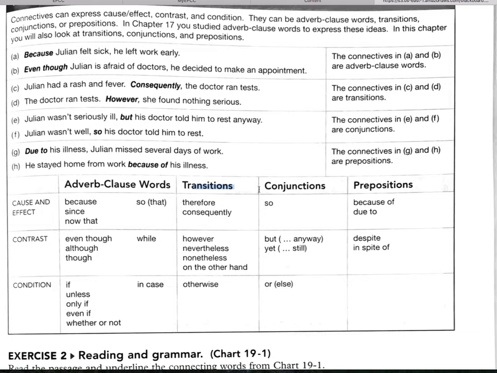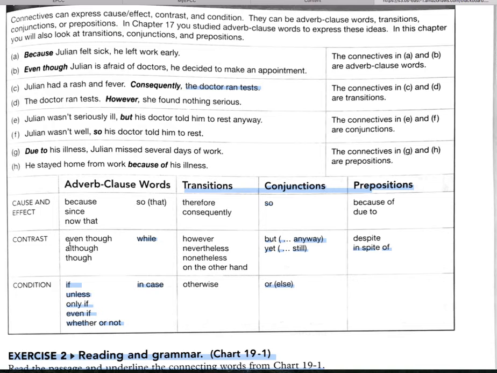And conjunctions that introduce cause and effect: so. Prepositions, like in examples G and H, that introduce cause and effect: because of and due to. Since we have of and to, this would make this a preposition. Okay?